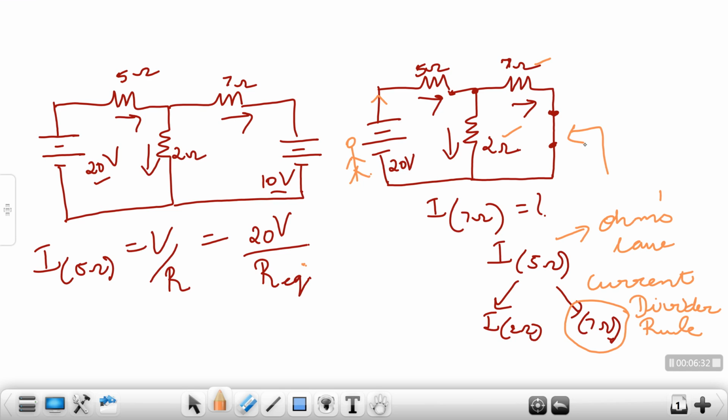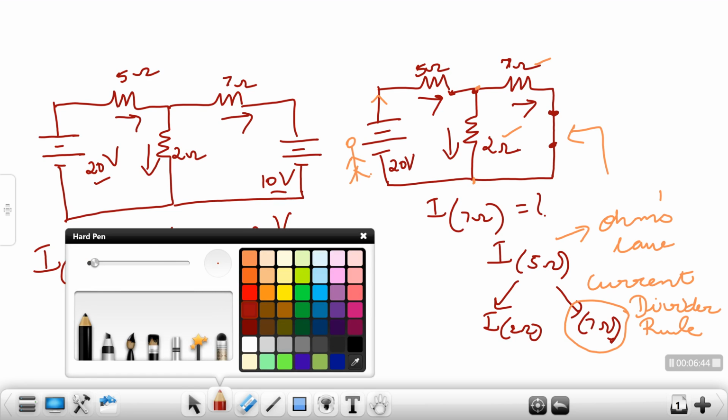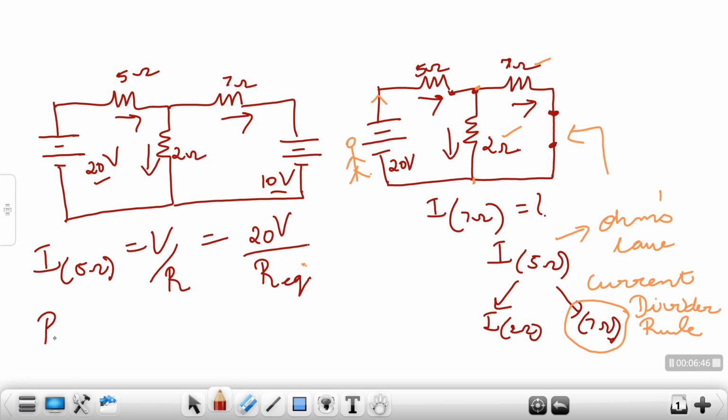How would both of them be connected? If you notice, this is a common point for both, so both of them are in parallel, and that will be in series with 5. So when I'm writing R equivalent, R equivalent would be 7 in parallel with 2, the entire thing in series with 5.